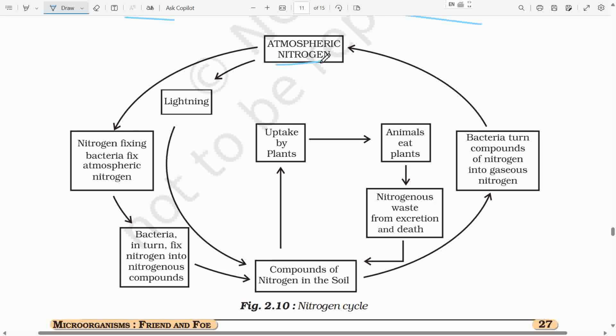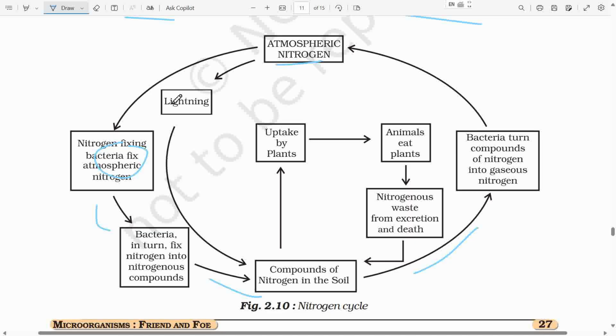To begin with, we have atmospheric nitrogen. Then nitrogen-fixing bacteria fix atmospheric nitrogen into nitrogenous compounds. Then compounds of nitrogen in the soil. The bacteria turn compounds of nitrogen into gaseous nitrogen, which in turn becomes atmospheric nitrogen.